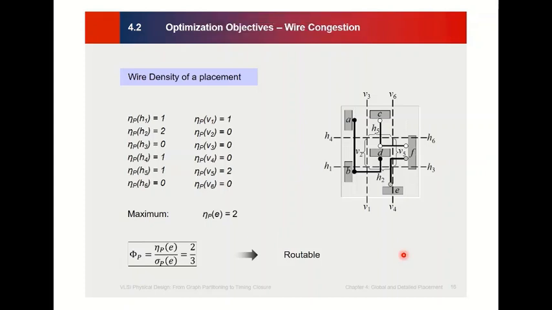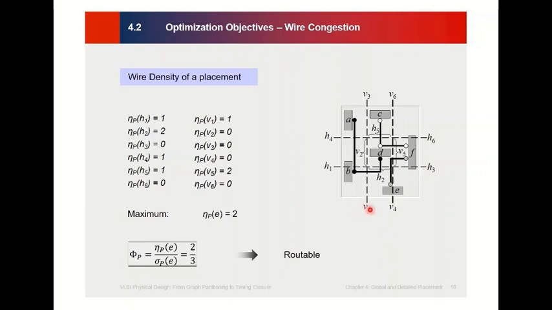In this example, assuming we divide the chip area into 9 areas, 1, 2, 3, 4, 5, 6, 7, 8, 9, and we define this as horizontal cut H1, this is horizontal cut H2, H3, and so on.